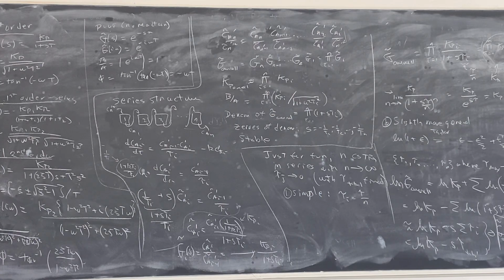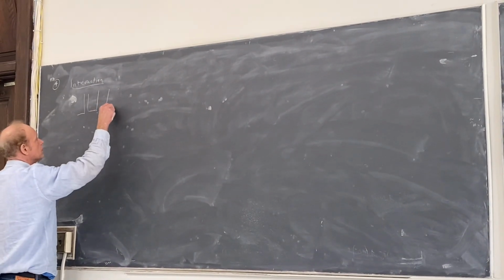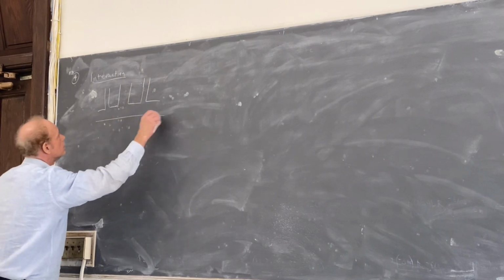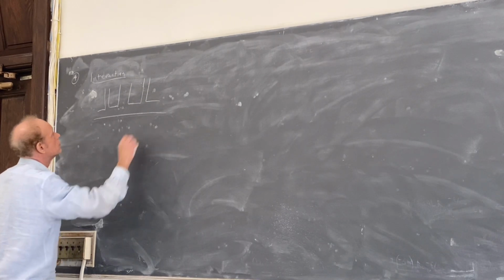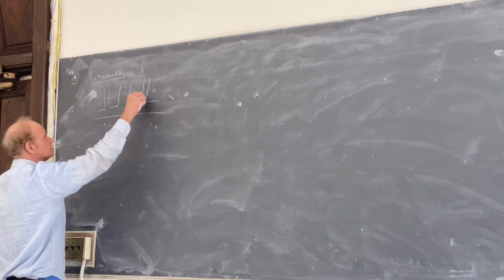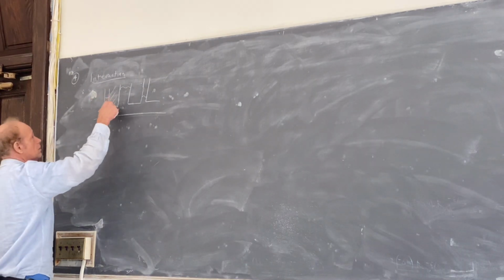So let's look at an interacting system. And let's imagine an interacting system as I could have a bunch of tanks that are hooked up. So this is, say, solid.